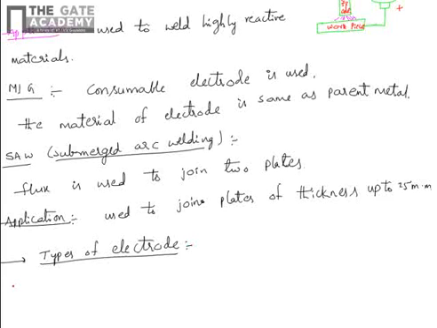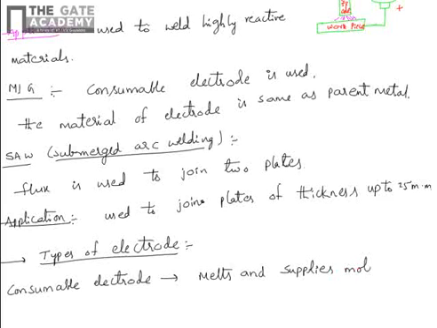Consumable electrode: it melts and supplies molten metal to the joint. It acts as an electrical conductor as well as the supplier of additional molten metal, because it will allow the electricity through it.